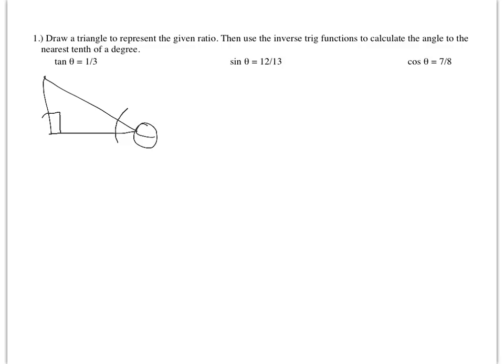And we want the tangent of that angle to be 1/3. So remember, tangent is opposite over adjacent. If you think of your SOHCAHTOA in your head, so TOA, opposite over adjacent, that means the opposite would be 1 and the adjacent is 3.